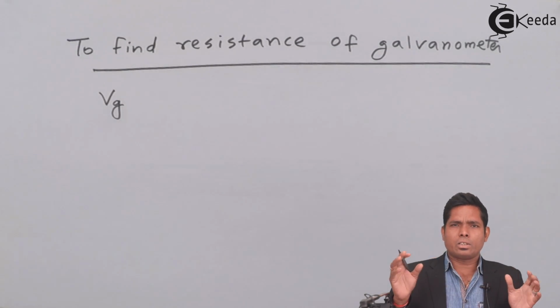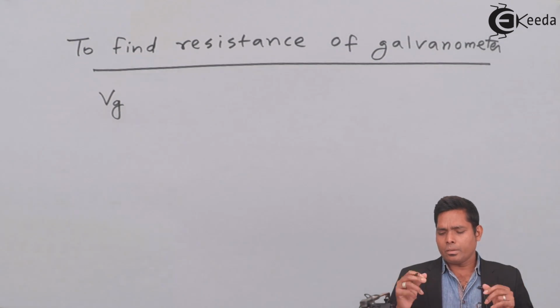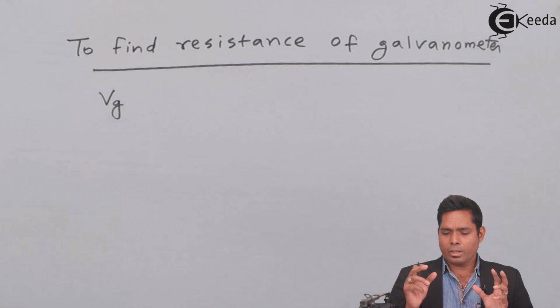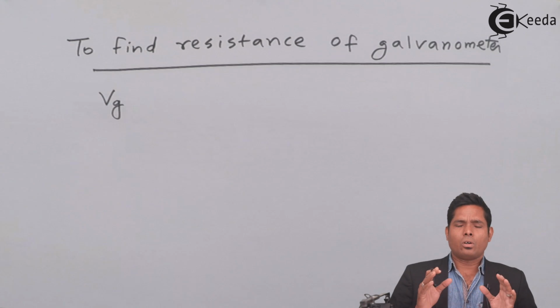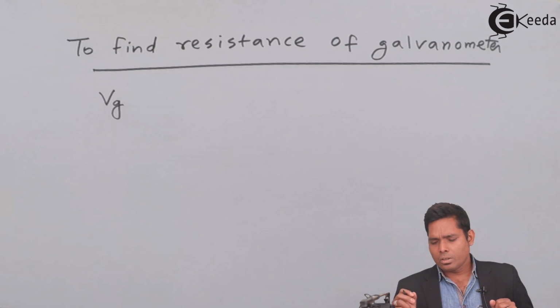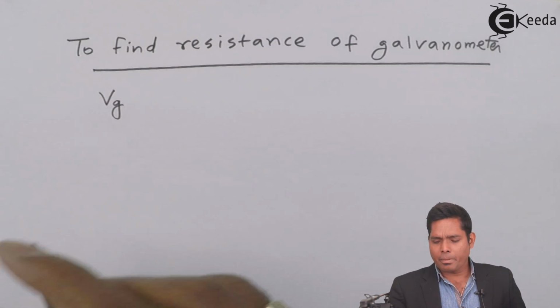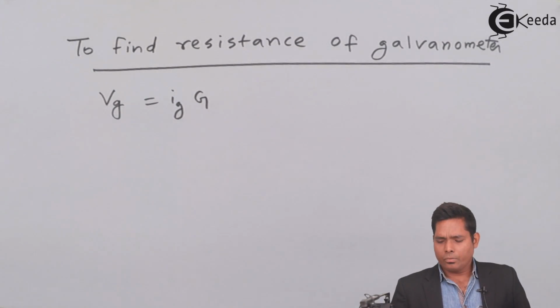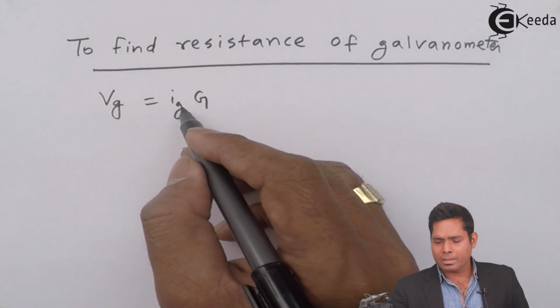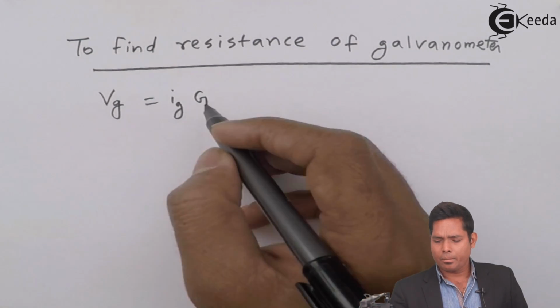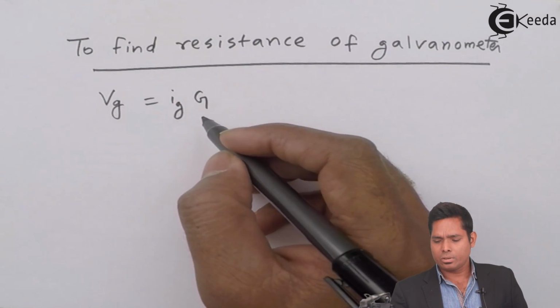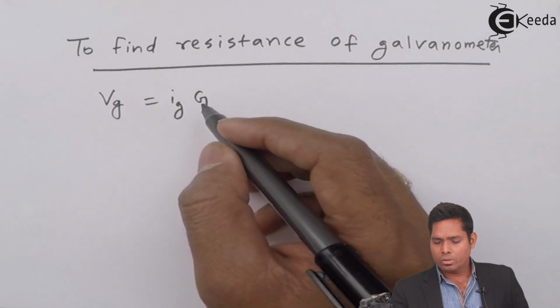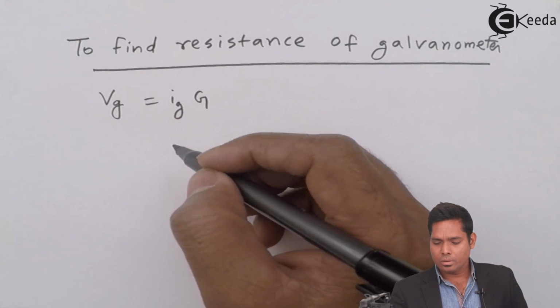When you connect a resistance of 4990 ohm, it will become a voltmeter. But before that, the maximum potential difference the galvanometer can measure is Vg equals Ig into G. Ig is the maximum current that can flow through the galvanometer, multiplied by the galvanometer resistance. So this was the earlier case.